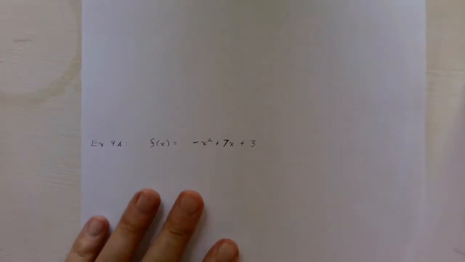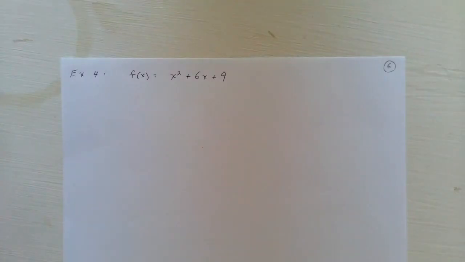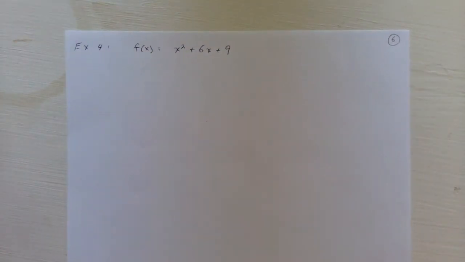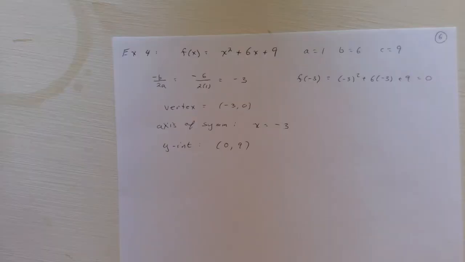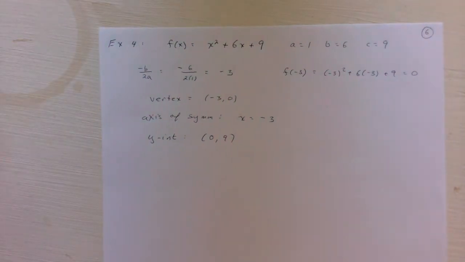If we look at example 4, I'm going to let you pause the video for a moment and try to do the same thing here. All right, so I already did the first few parts for you.